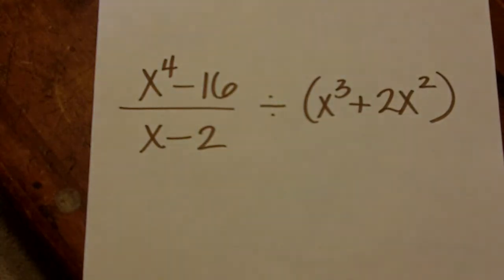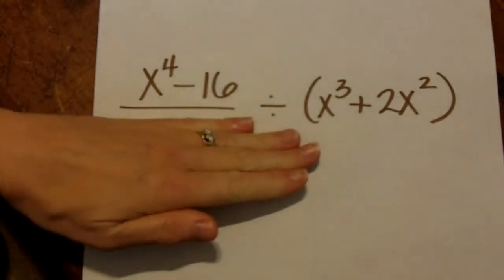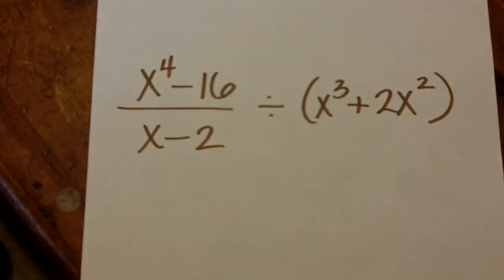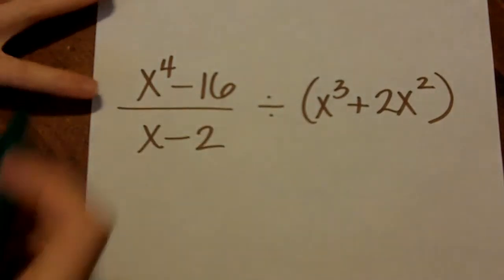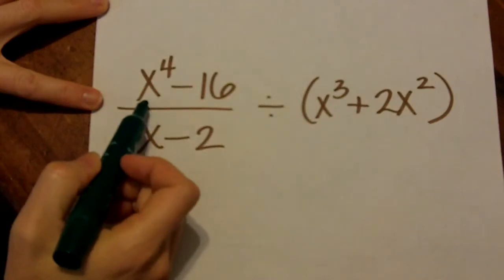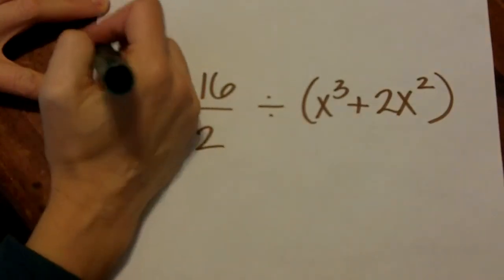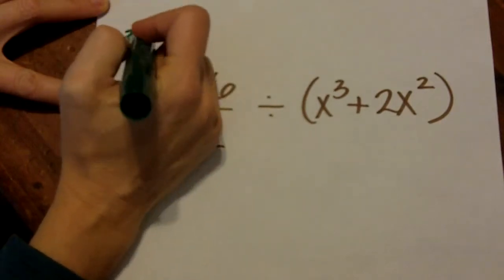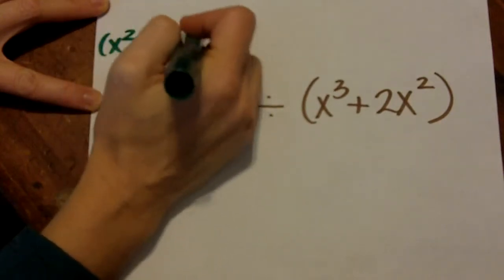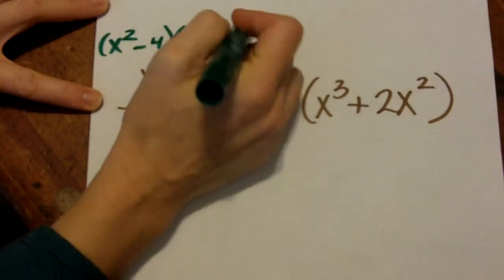If I had x to the 4th minus 16, I'm going to look at that and see how I can factor it. Okay, and I can, because I know that I can take the square root of this and the square root of that, and I can see that it's a subtraction problem. And so I can rewrite it as x squared minus 4 and x squared plus 4, okay?